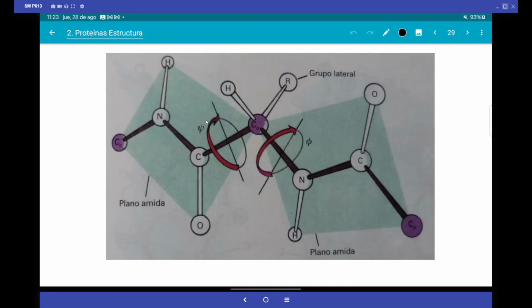It was a psi angle towards the carbonyl carbon, and it was a phi angle towards the nitrogen, and we have the transoid disposition in it. In this case of the peptide bond, where is the peptide bond? There is the nitrogen, and here is the carbon, and in the plane there is the peptide bond, perfect.